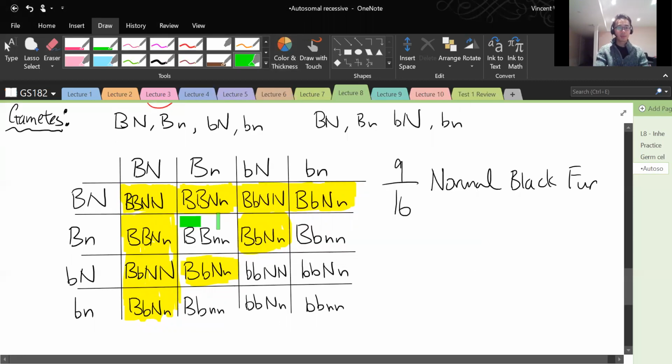Okay, let's see this guy. What is this thing? This little bunny is black fur, but short hair, right? Short black fur. Do we have other short black fur? Right, so take a look. Go find other short black fur.